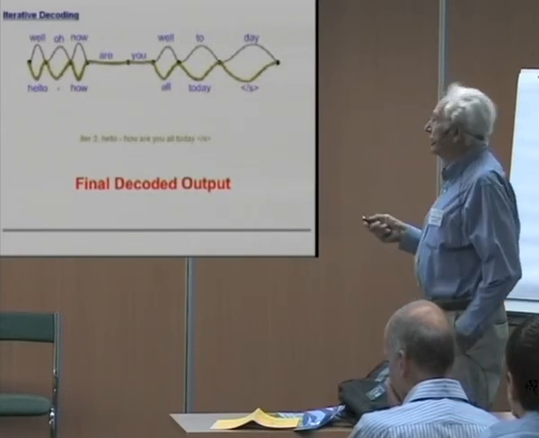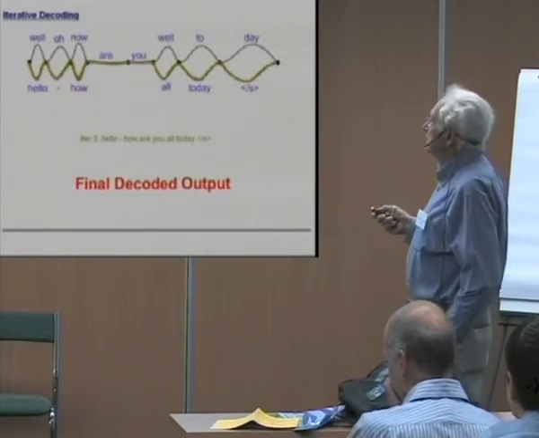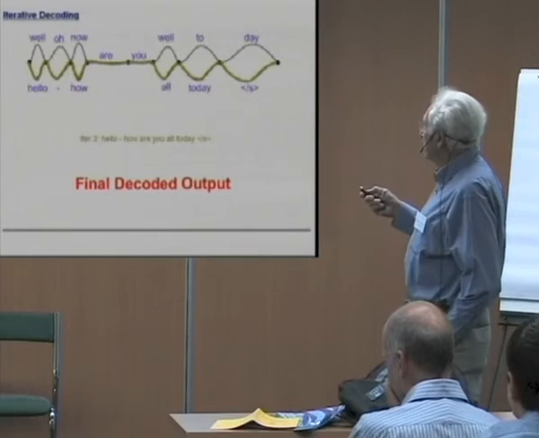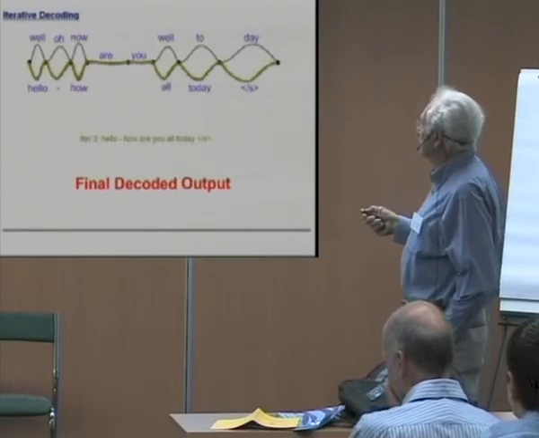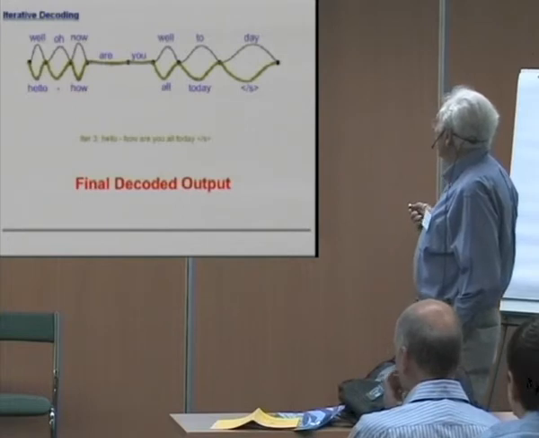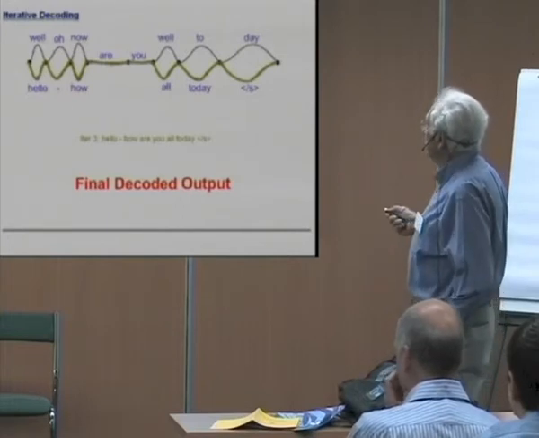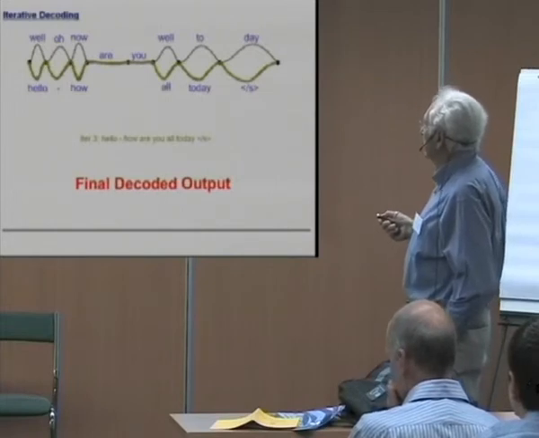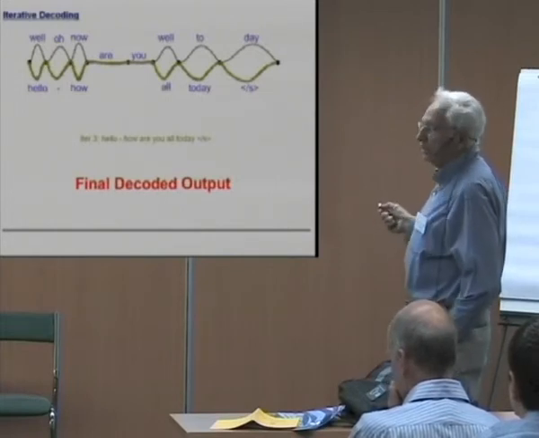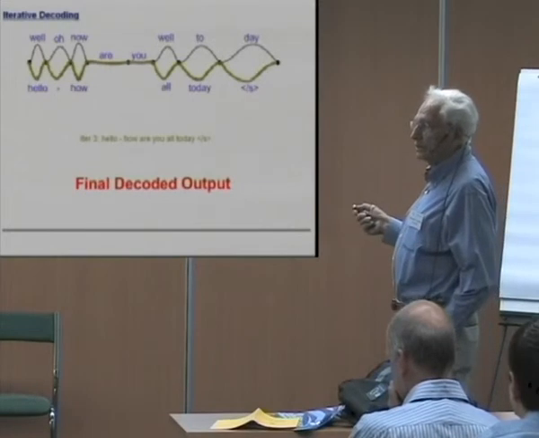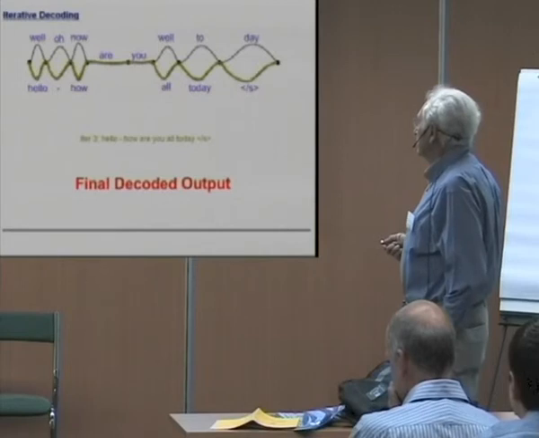It turns out that everything converges, which means that after the third iteration, if you try to do this iterative decoding again, that means if you want to choose between well and hello with this as temporarily sure context, and then choose between oh and nothing, etc., then nothing changes, everything stays the same, and once everything stays the same, that's your decoding.